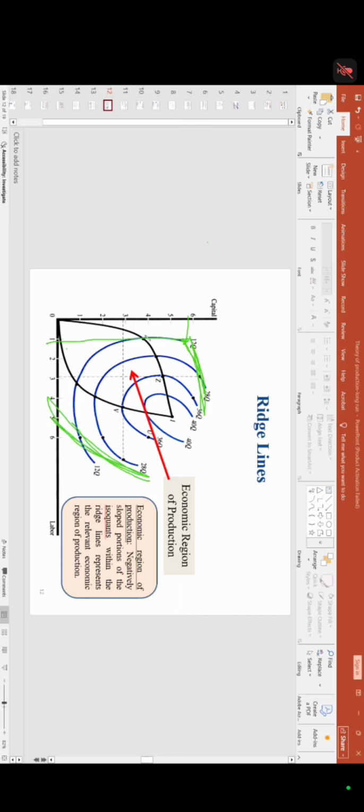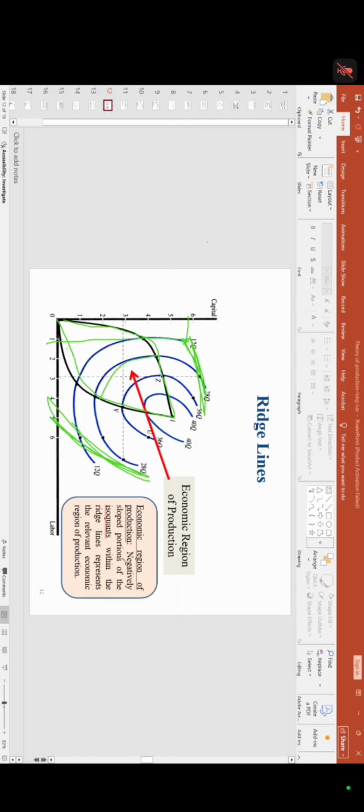But here, this is the economic region. From here to here, it's economic. Why? Economic means the negatively sloped portion of the isoquant. Only this part has a negative slope. Going further there is no negative slope; when you increase one input, you don't compromise on the other. There is no negative slope there.